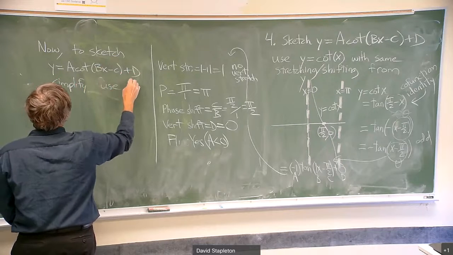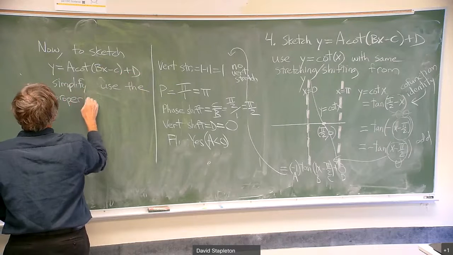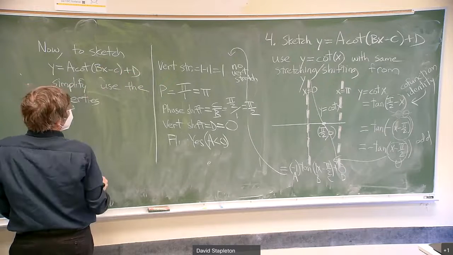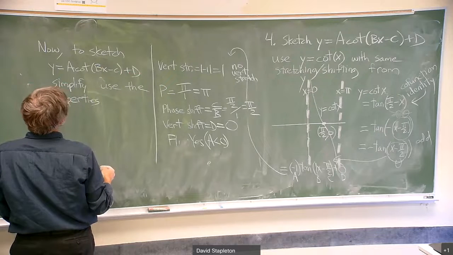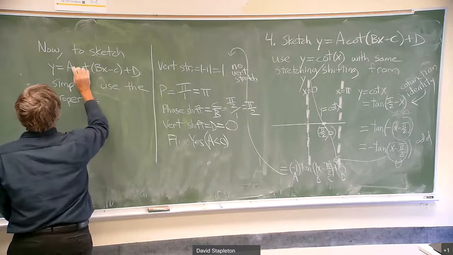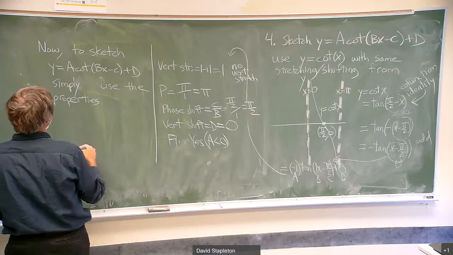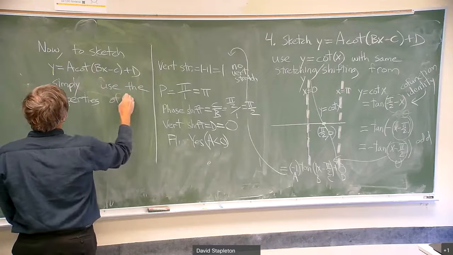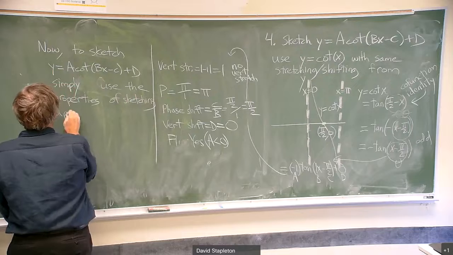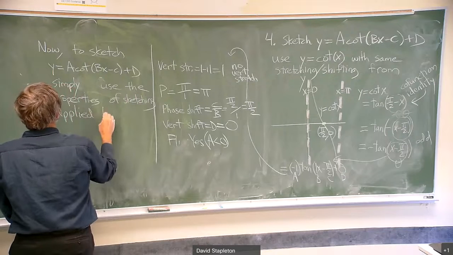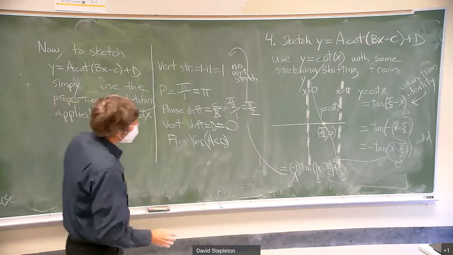In other words, use the 5 properties of cotangent, simply to sketch y equals a cotangent bx minus c plus d, simply use the properties of sketching with the letters applied to y equals cotangent.